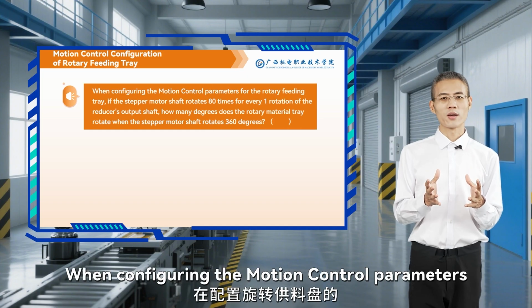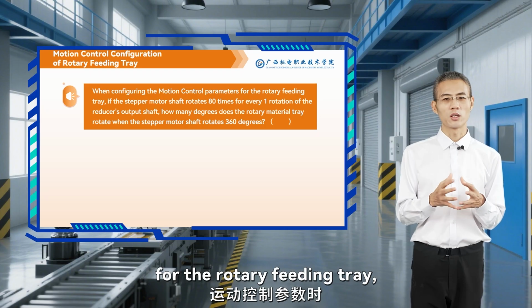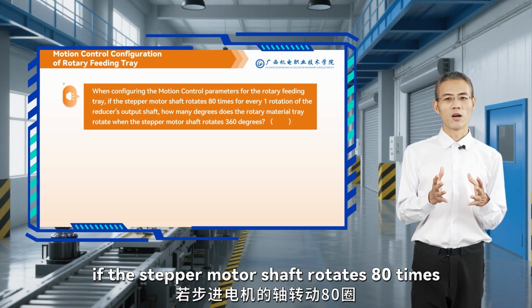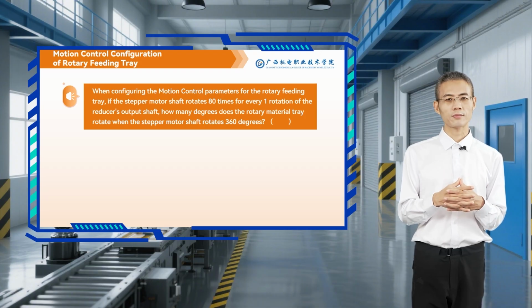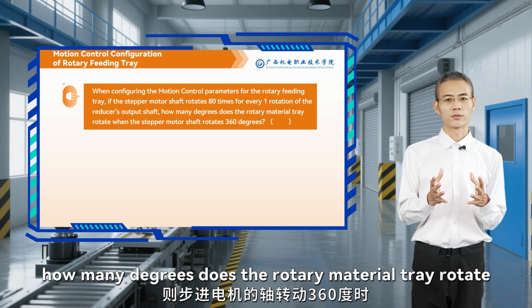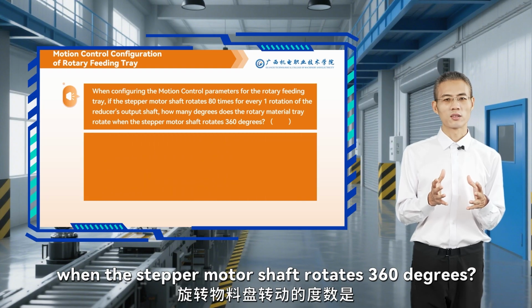When configuring the motion control parameters for the rotary feeding tree, if the stepper motor shaft rotates 80 times for every 1 rotation of the reducer's output shaft, how many degrees does the rotary material tree rotate when the stepper motor shaft rotates 360 degrees?